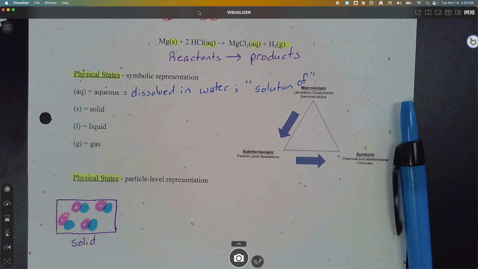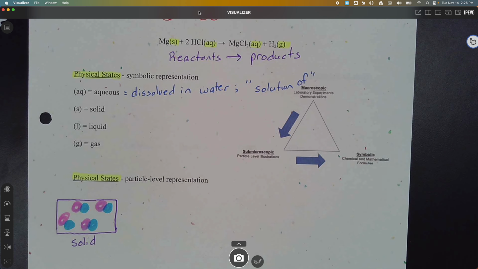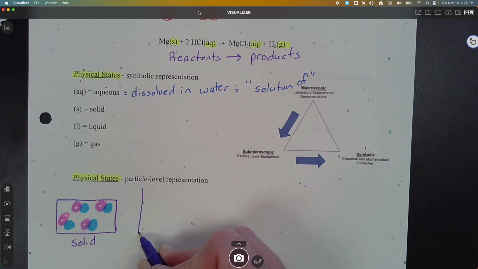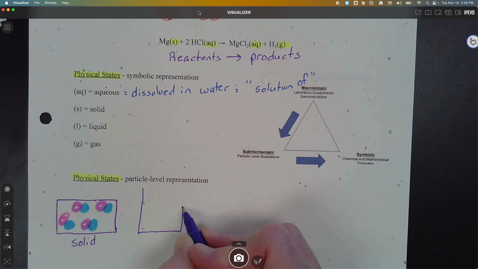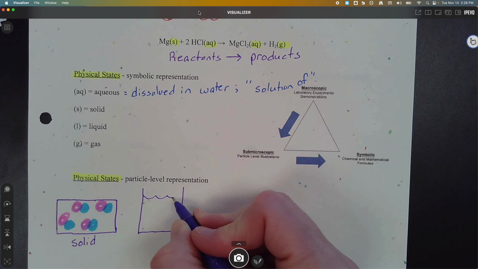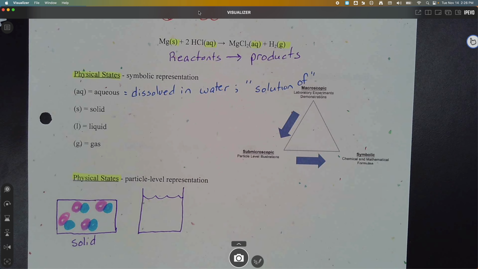There we go. So we have the solid pink blue. Pink blue could be in its liquid state. And if we wanted to show pink blue in a liquid state, we would put it in a container, because we keep liquids in a container.